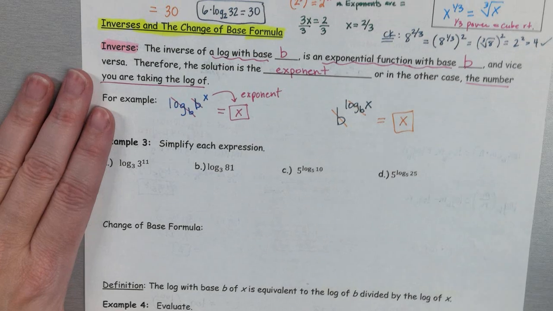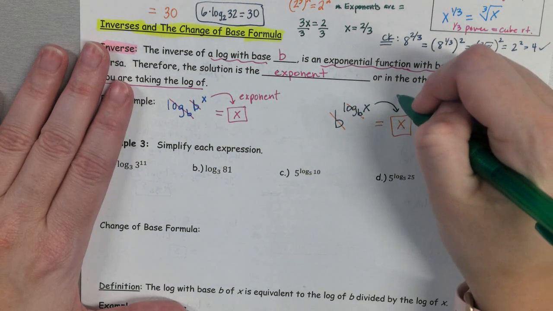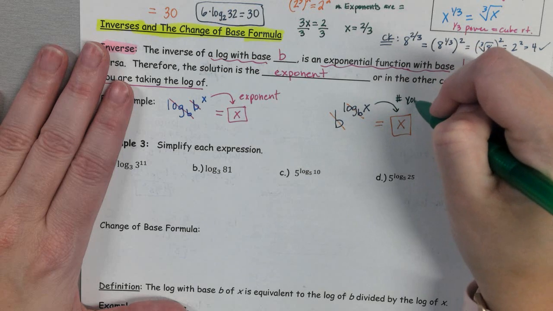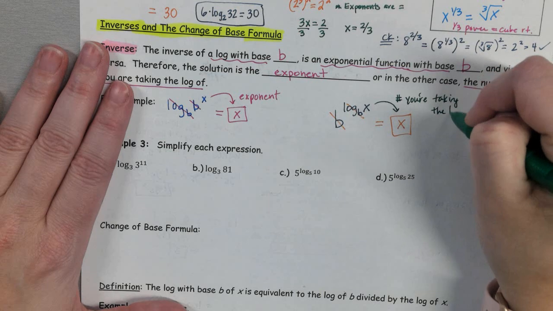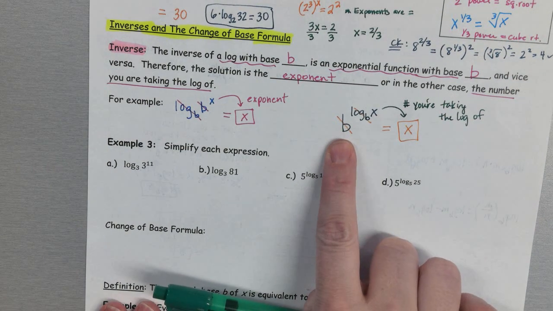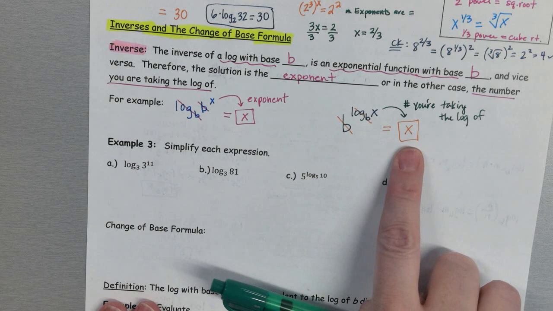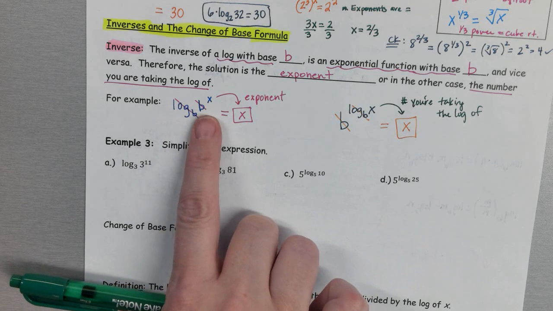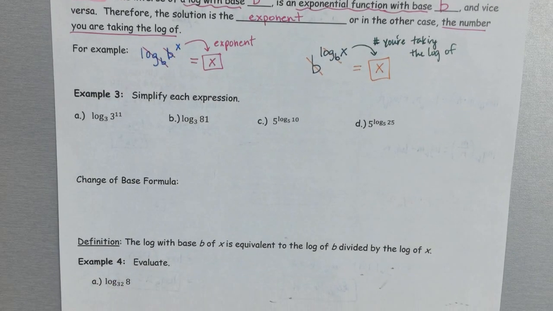In this case, x is just the number that you're taking the log of. So the base of an exponential function and a log base cancel out. Okay, so that works both ways.